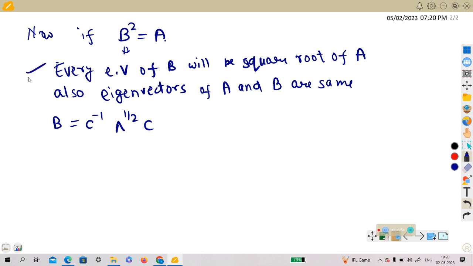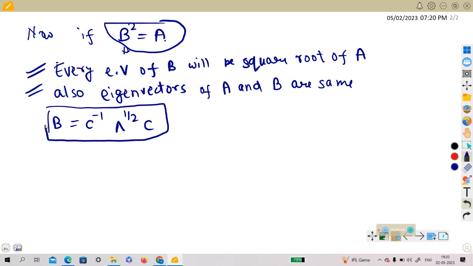So what we have claimed right now is that if there is a matrix B satisfying B square equal to A, then it has to be of this form: B is equal to C inverse gamma to the 1 by 2 C. These C's are the eigenvector matrices we know from diagonalizability, so they are fixed.